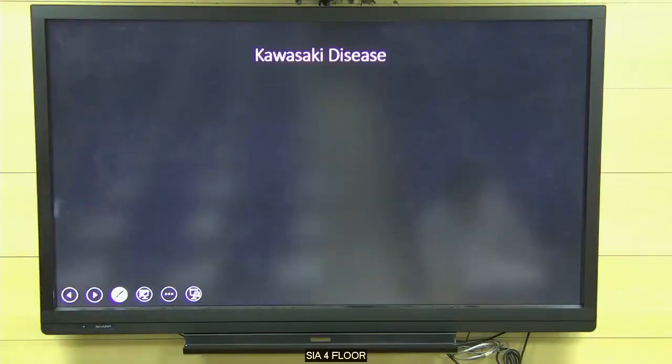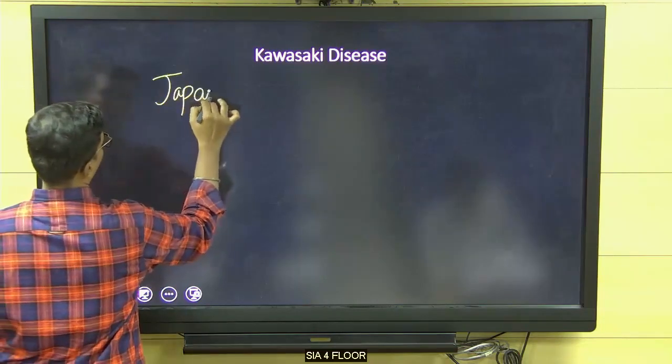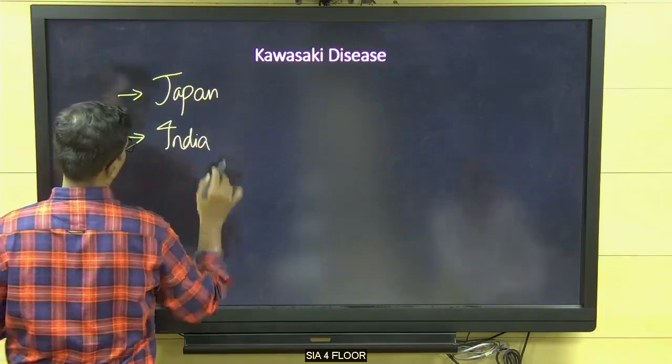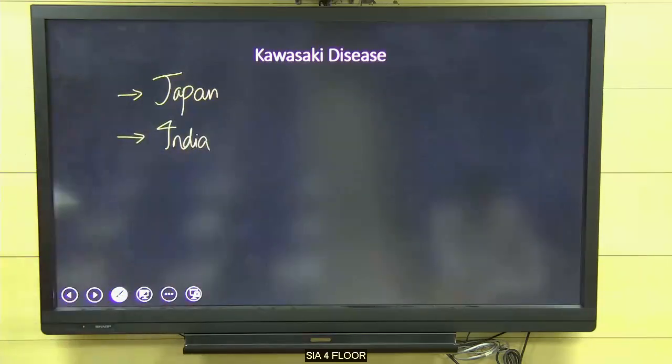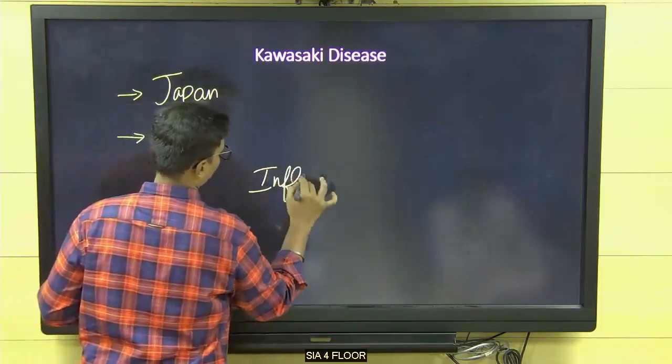Next thing is Kawasaki disease. As the name suggests, more people in Japan are affected by Kawasaki disease. This was in the news because sometimes it occurs in India also. In 2019, a child was affected by Kawasaki disease, which causes inflammation of blood vessels.